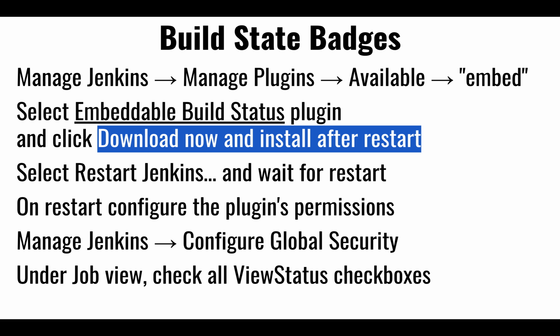It's there, and the assignment asks you to go and grab this badge and include it in the README file of your Java middle tier, so that with that badge you can quickly see whether the build is healthy or not.